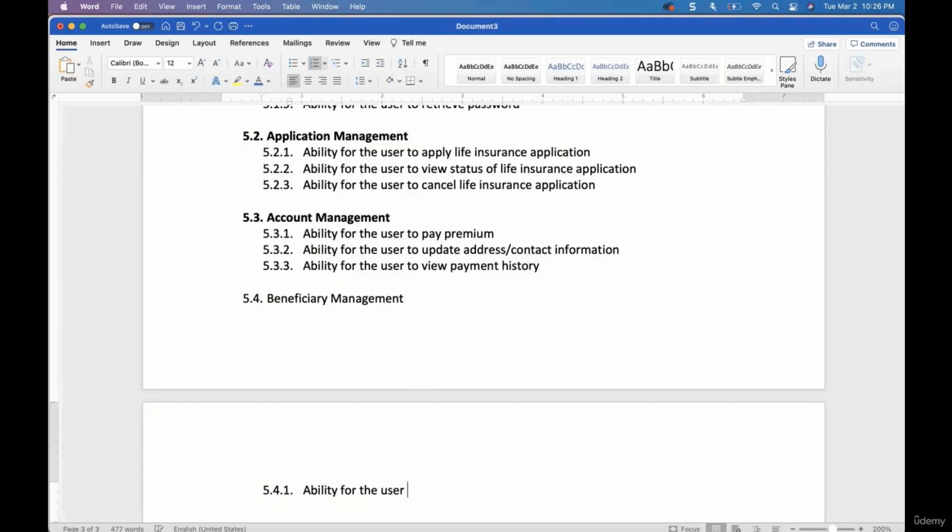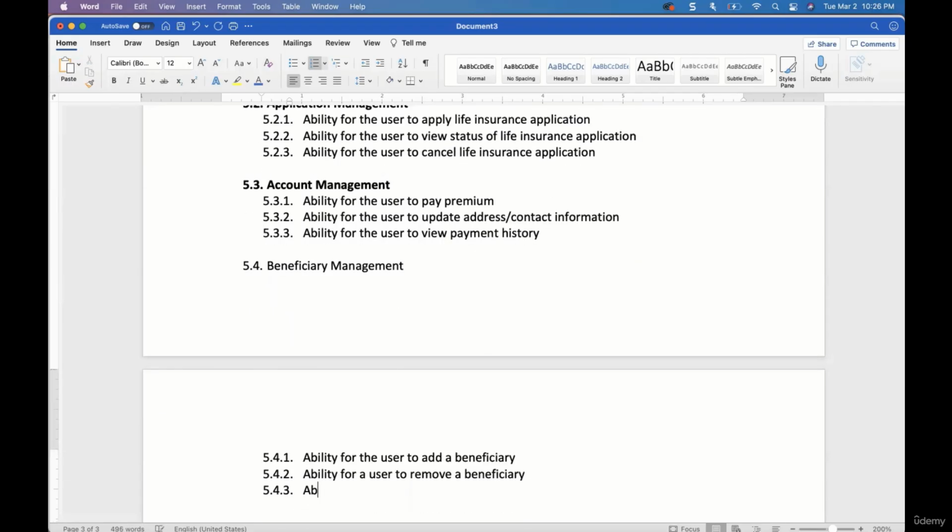Ability for the user to add a beneficiary. Ability for a user to remove a beneficiary. Ability for a user to change beneficiary type. So primary, secondary, primary, they can change that.